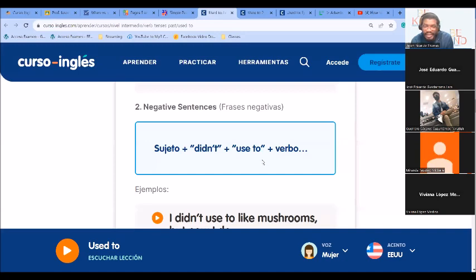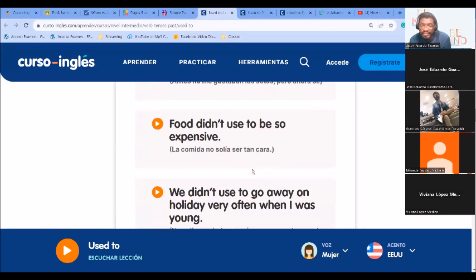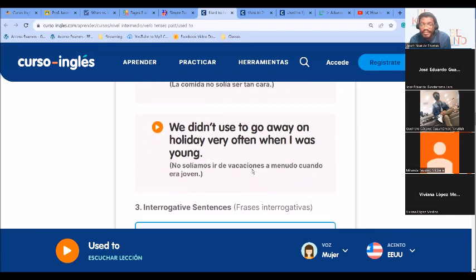That part stays the same. Michelle. I didn't use to like mushrooms, but now I do. Food didn't use to be so expensive. And we didn't use to go away on holiday very often when I was young.